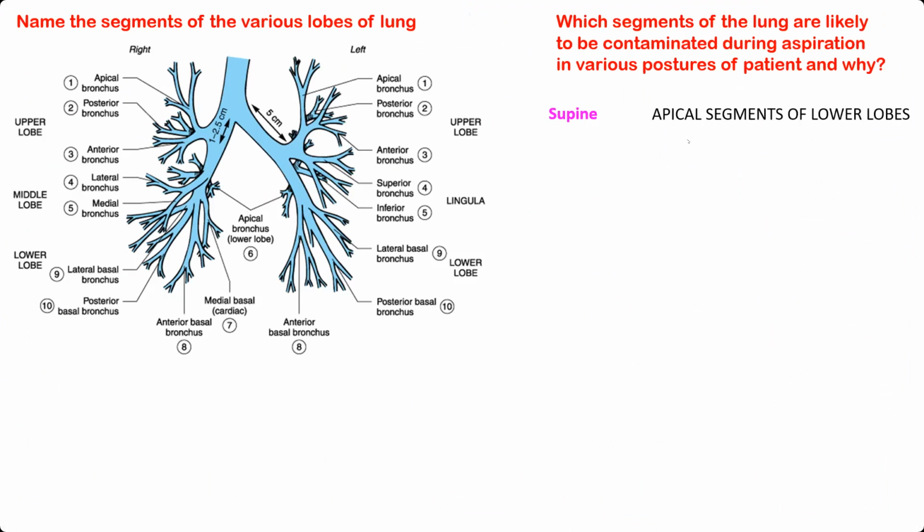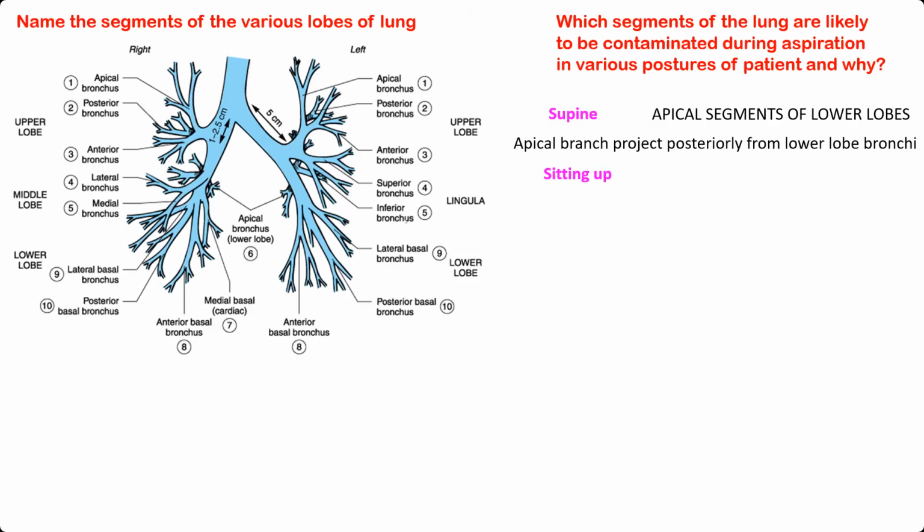In the supine position, the apical segments of the lower lobe. See, this is the lower lobe. You can see the apical segments going directly posterior. So when the fluid comes here, it will travel and get deposited in the apical segments of the lower lobe. Both lower lobes can be affected, because they project directly posterior from the lower lobe bronchi.